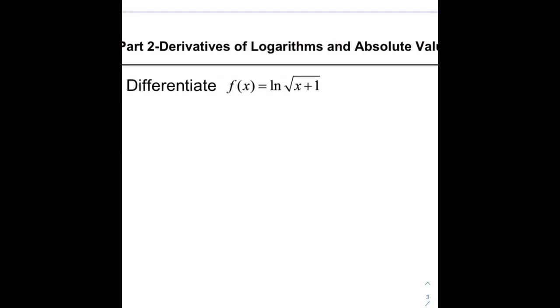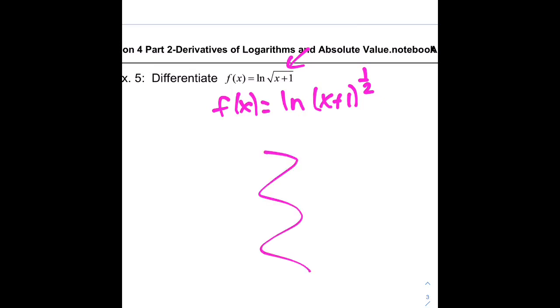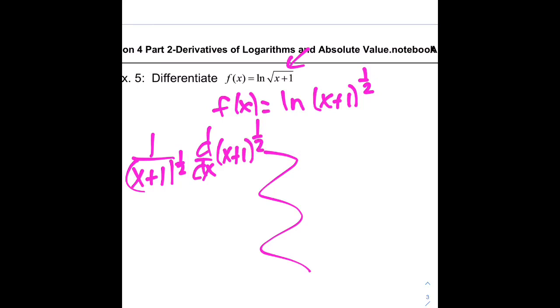Okay. So why did I pick this problem? I picked this problem because we do not like that square root, friends. So let's do an algebra rewrite step where I write this as the natural log of x plus 1 to the 1/2. Now, you have some choices. You absolutely have some choices. You can basically start differentiating by making this 1 over x plus 1 to the 1/2 and multiplying it by the derivative of x plus 1 to the 1/2.